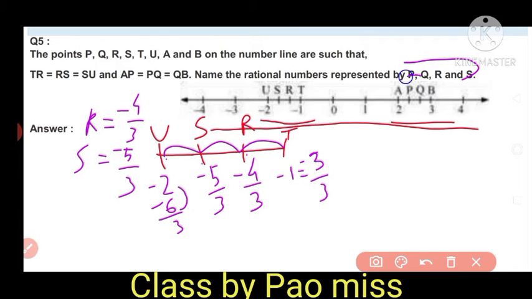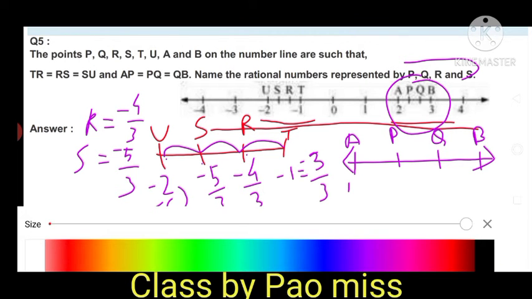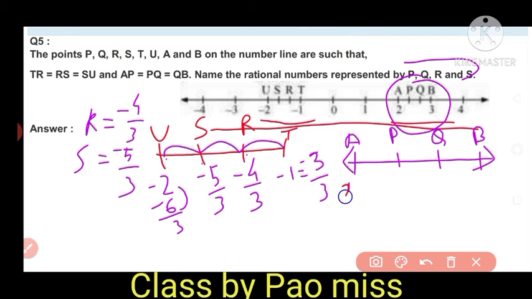Now observe A, P, Q, B. Between A, P, Q, B, here A and here B, and it is divided into 3 parts, here P and Q. Now here it is given 2, isn't it?